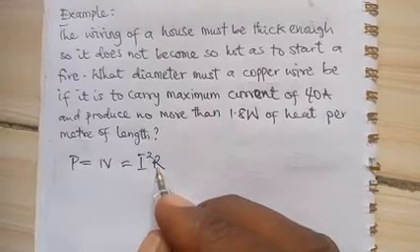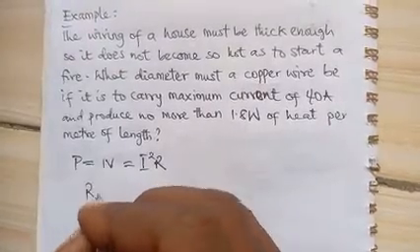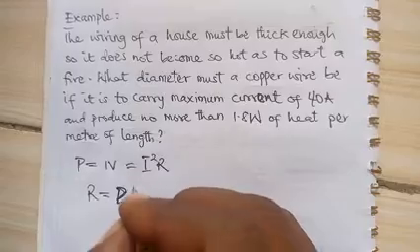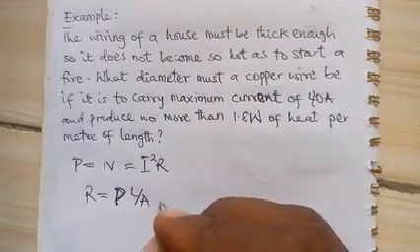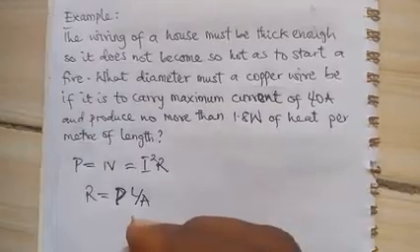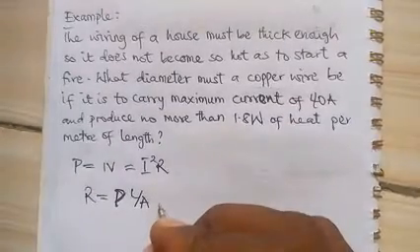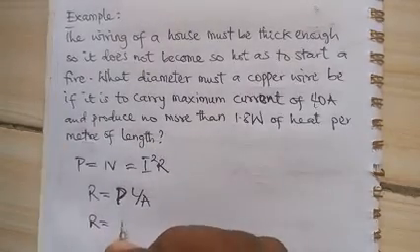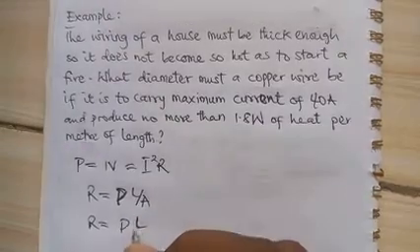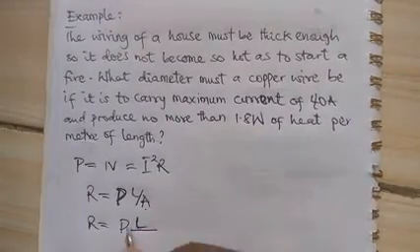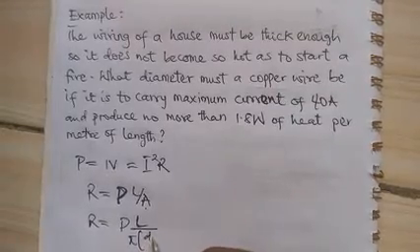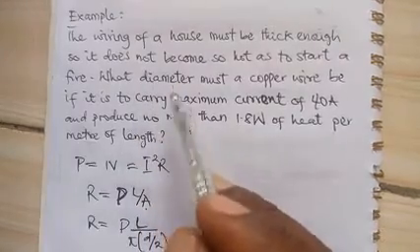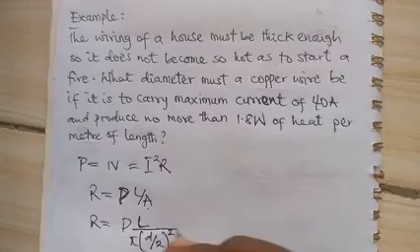Now, since R is involved, remember previously we said that R is equal to rho L over A. So with this, we can rewrite the area, since this was given to us in terms of diameter, as pi times d over 2, squared. So R is equal to rho L over pi times d over 2 squared.